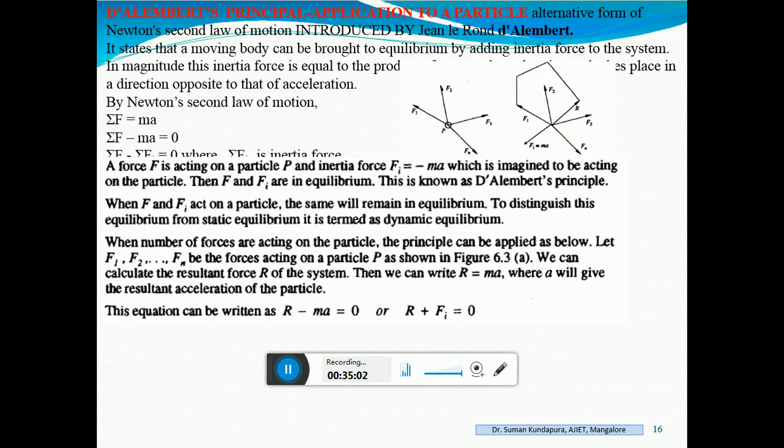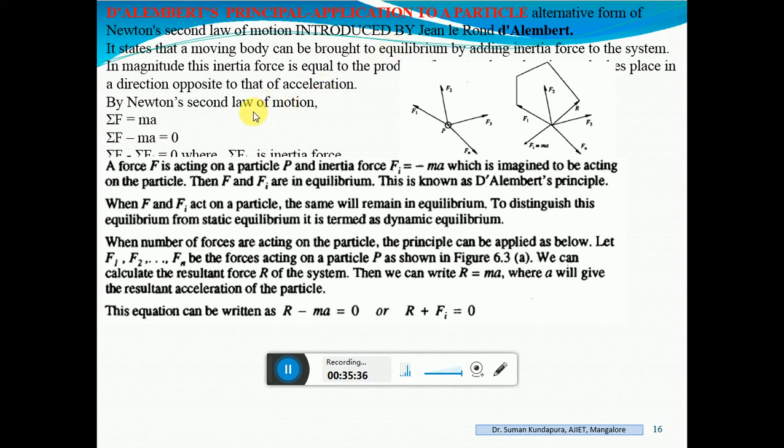Or if the body is moving, then that body also can be brought to rest, brought to equilibrium by adding another inertia force to the system. By applying this inertia force, I can bring this body to a dynamic equilibrium if it is moving. So this concept is called D'Alembert's principle. That is adding another force, the inertia force, to the system in order to bring it to dynamic equilibrium.